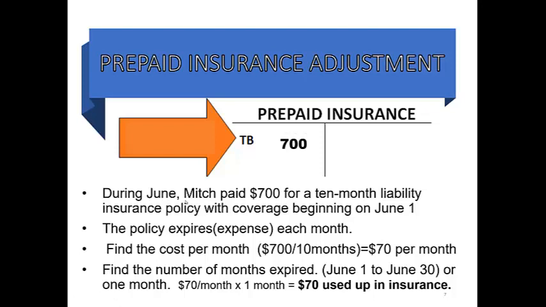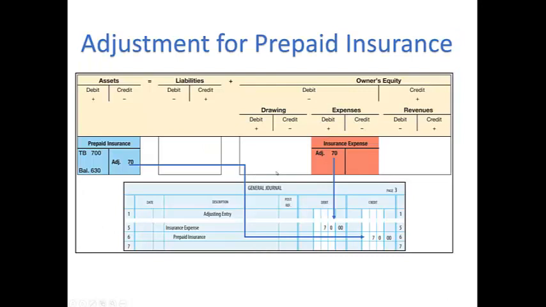If he had purchased it, say, in May, then May and June would have expired or been used up, so we would have expensed 2 months. But in this case, just 1 month has passed, and that's June. So we are going to expense $70 of this insurance, and we're going to bring the prepaid down by $70.